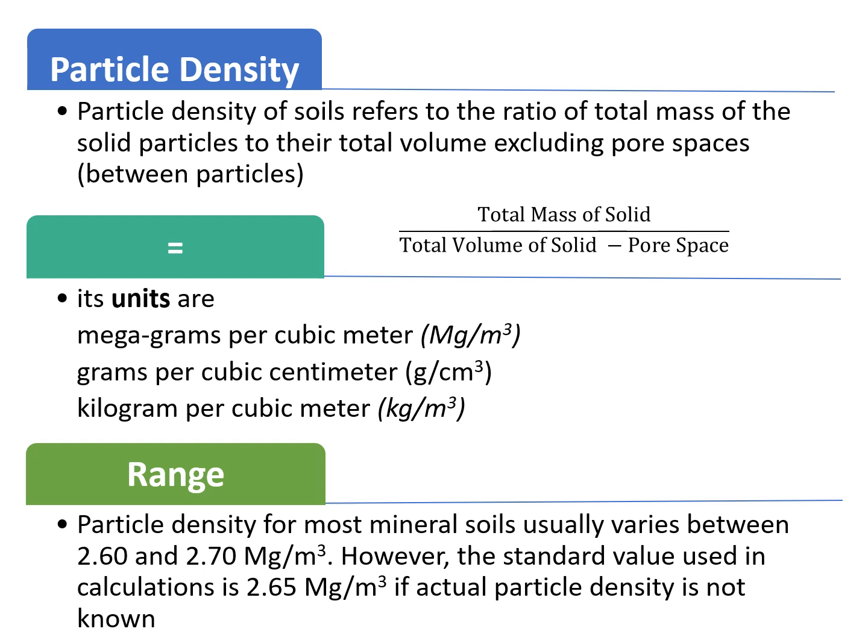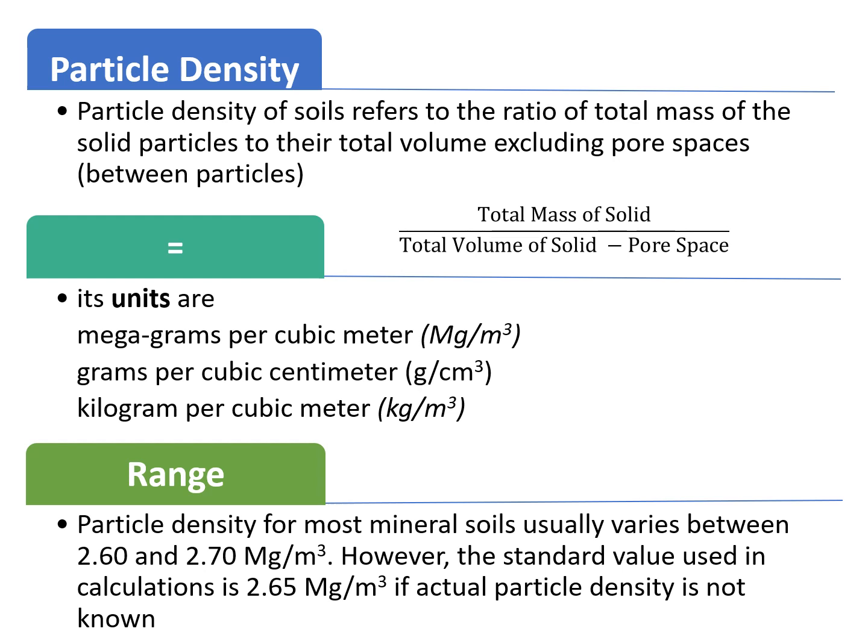Its units are megagrams per cubic meter, grams per cubic centimeter, or kilograms per cubic meter. The range generally required for particle density in most mineral soils varies between 2.3 to 2.6 megagrams per cubic meter.